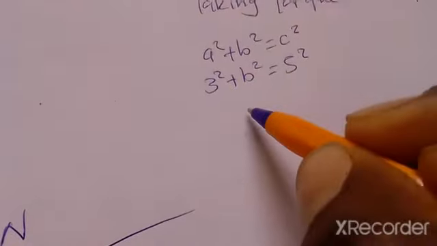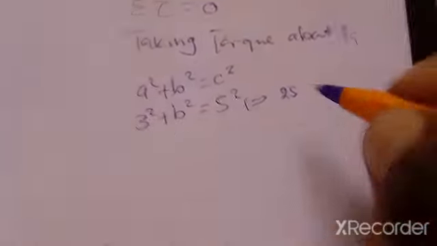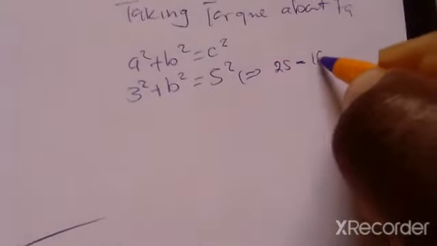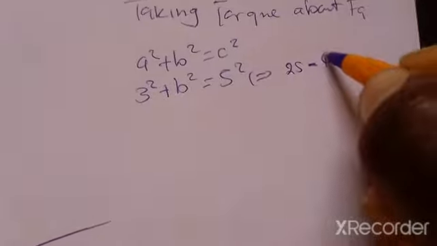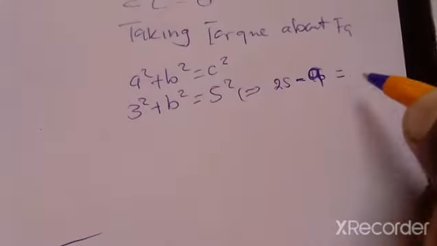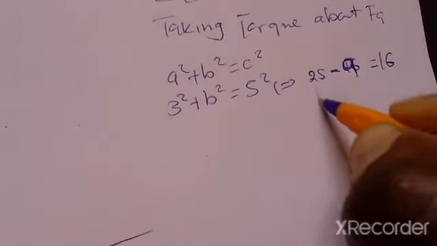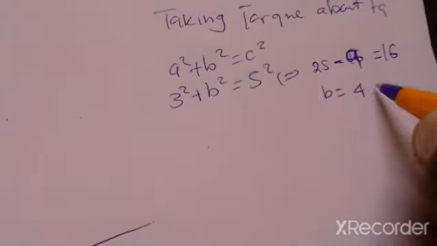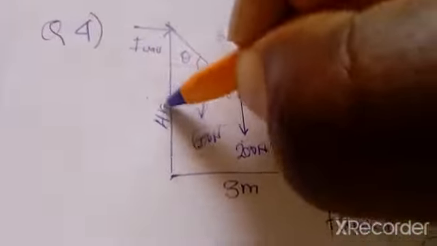So meaning that we are going to have 25 minus 9 giving us 16. So our b is going to be equal to 4 meters. So this is the value of this distance, 4 meters.